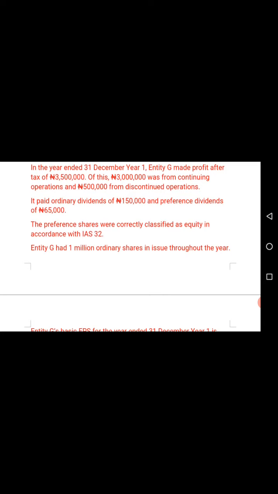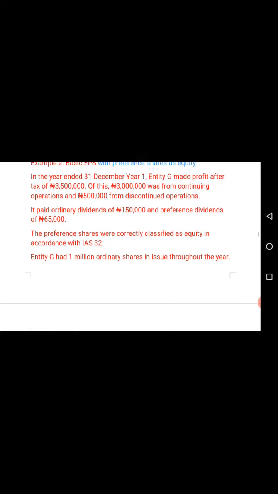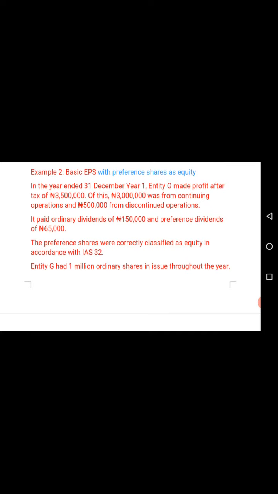Now that preference shares are classified as equity, the 65,000 has not been originally deducted from the 3 million that we have as profit after tax. Here it says Entity G made profit after tax; the 3 million is profit after tax.